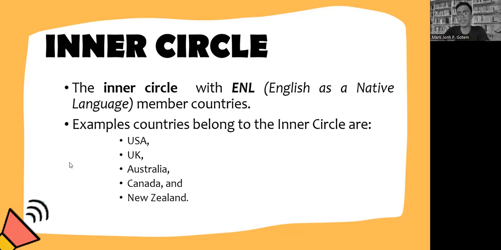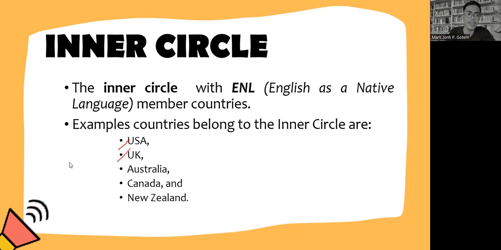This inner circle represents the traditional basis of English, dominated by the mother tongue varieties of the language. Kini ang English mao ang ilahang mother tongue, so mao ni ang mga countries nga gagamit og English as their mother tongue.